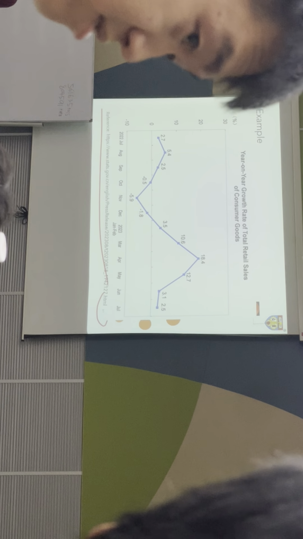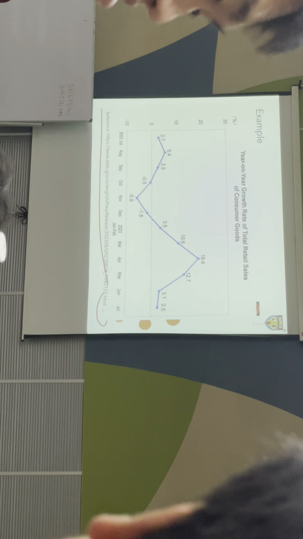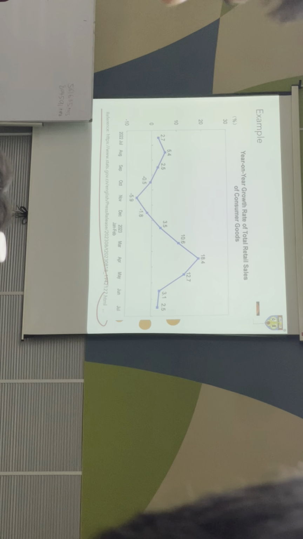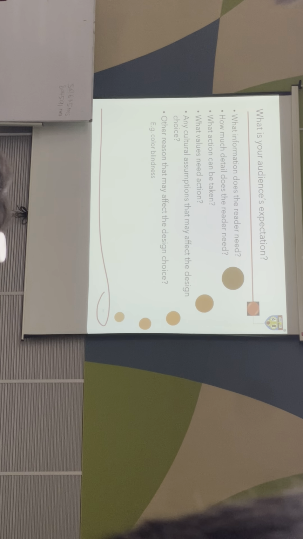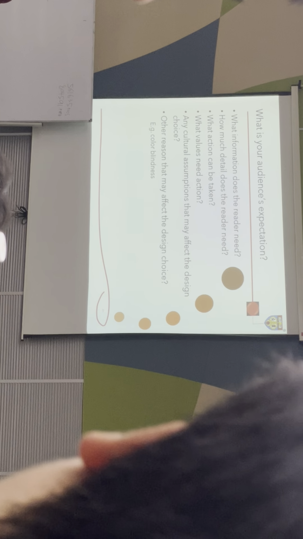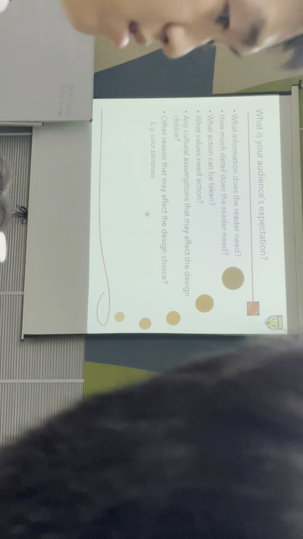Okay, so before we choose the appropriate data visualization that might suit our data set, there are a few things that we need to consider. So for example, what information does the reader need from the data visualization?